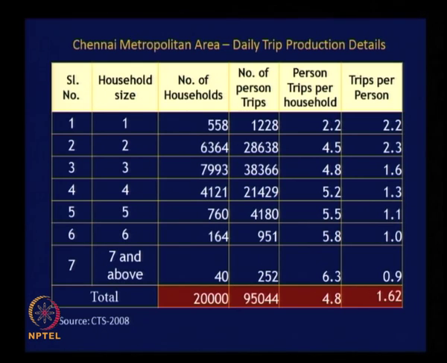The number of person trips made by households of different categories, 1 person household, 2 person household and so on, and then person trips per household is given, the last but one column. Last column gives the per capita trip rate, trips made by 1 person per day.